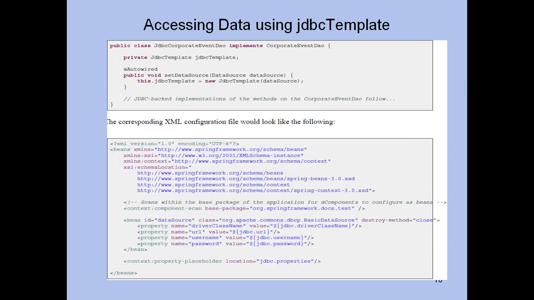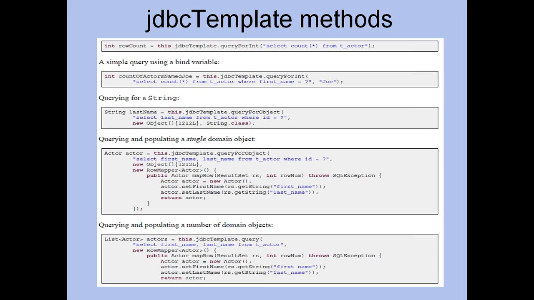So the base idea here is first you need to create a data source object and inject that into your class somehow. You can also use the ref element, it doesn't matter. You create a bean ID for JDBC corporate event DAO, and inject the data source object into your JDBC template. Is that clear? Then you can use the JDBC template.